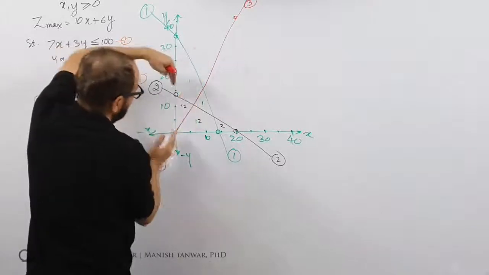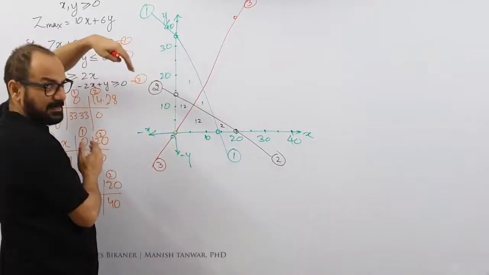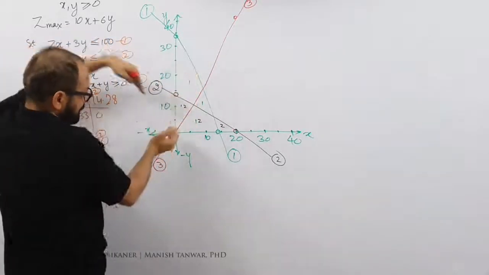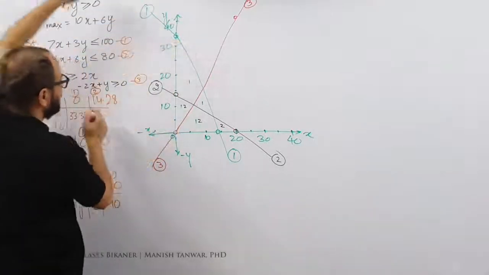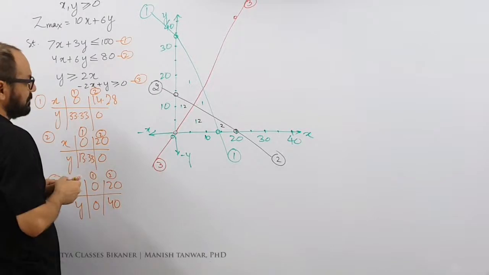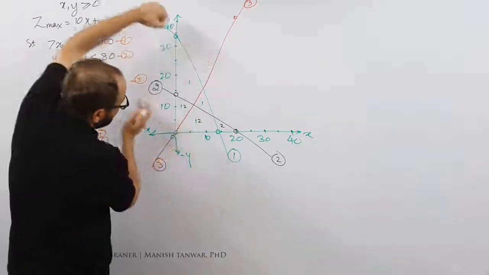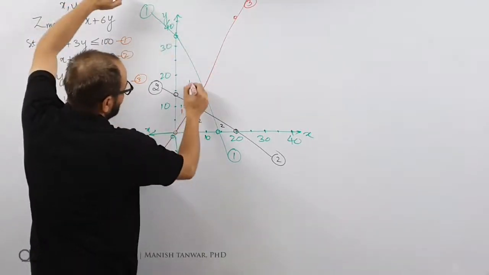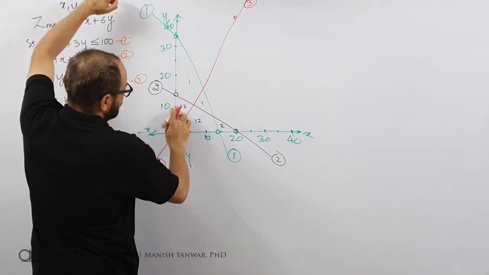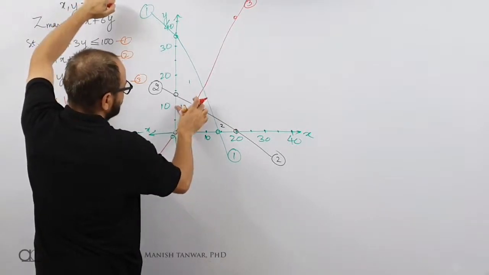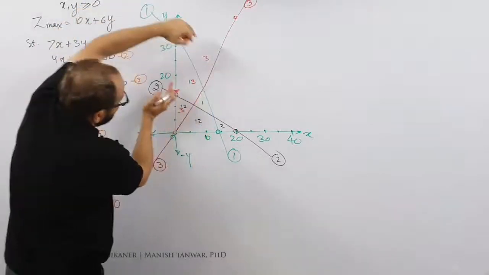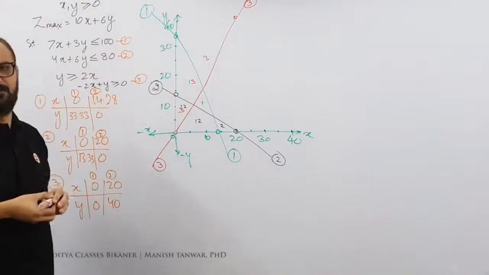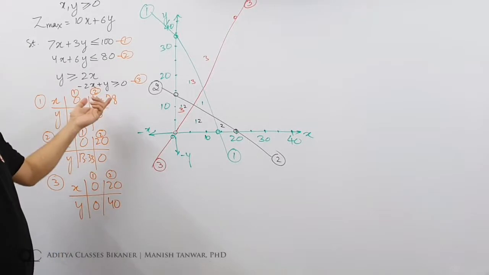So this is the constraint and this is the negative side. Where does the negative x lie on this constraint? This side. So all this is the feasible area for the third constraint. Everything on this side will be feasible for the third constraint.